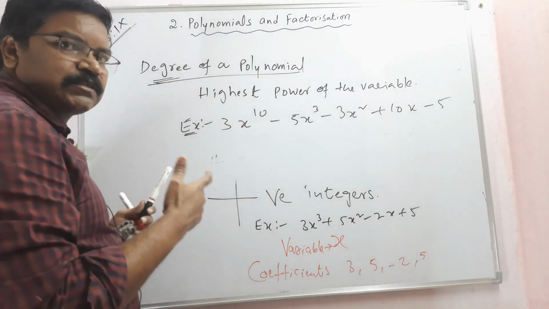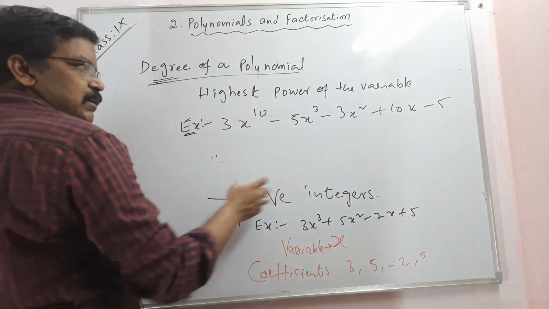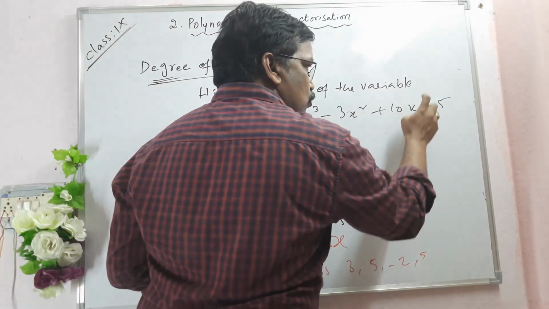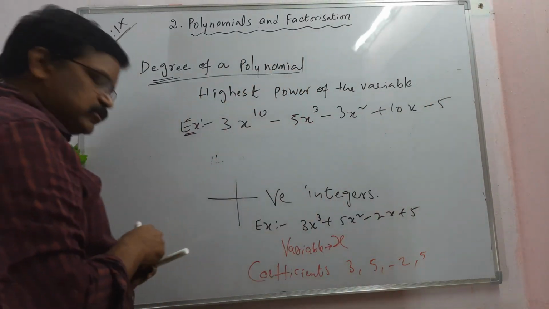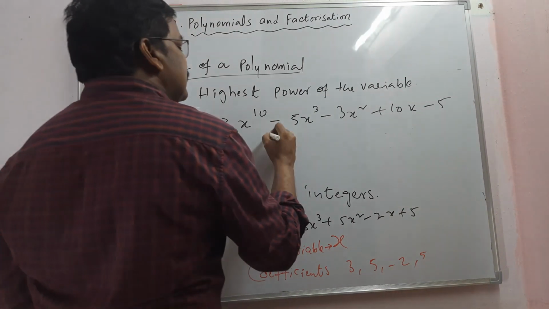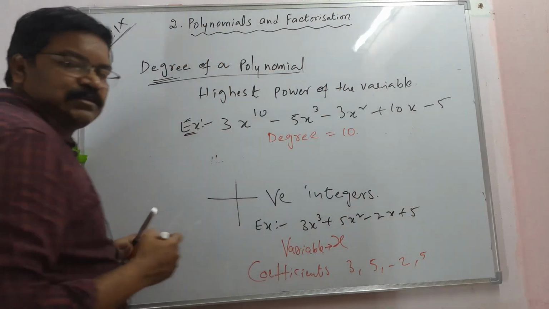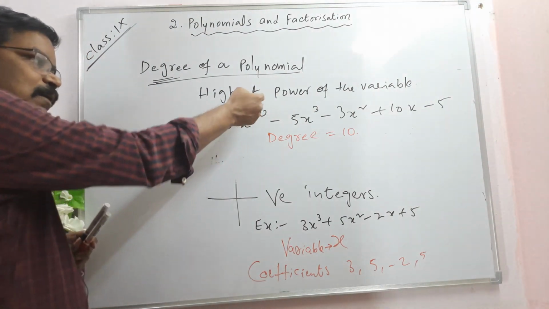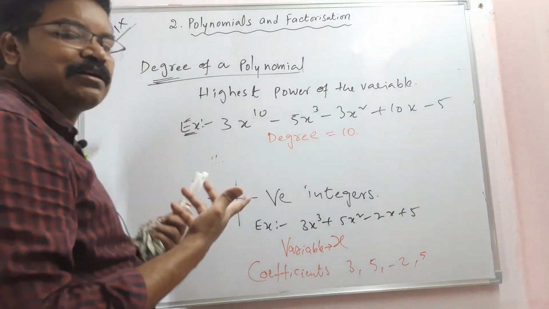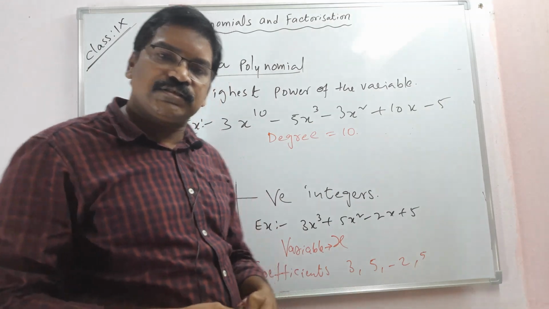So what are the powers of the variables here, students? 10, 3, 2, 1, and this is x to the power of 0. So what is the degree here? Degree is equal to 10. Why? Highest power of the variable is called degree. So the degree is 10.